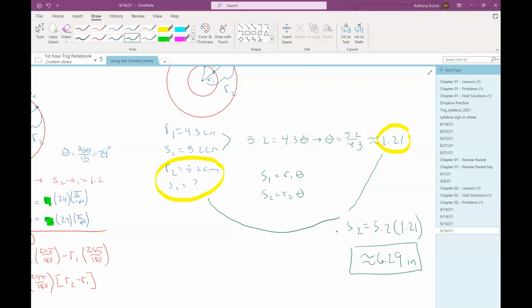Yes. So when we say cut arc, that's like the arc formed by that central angle. So it's just the same thing as the S in our arc length formula.